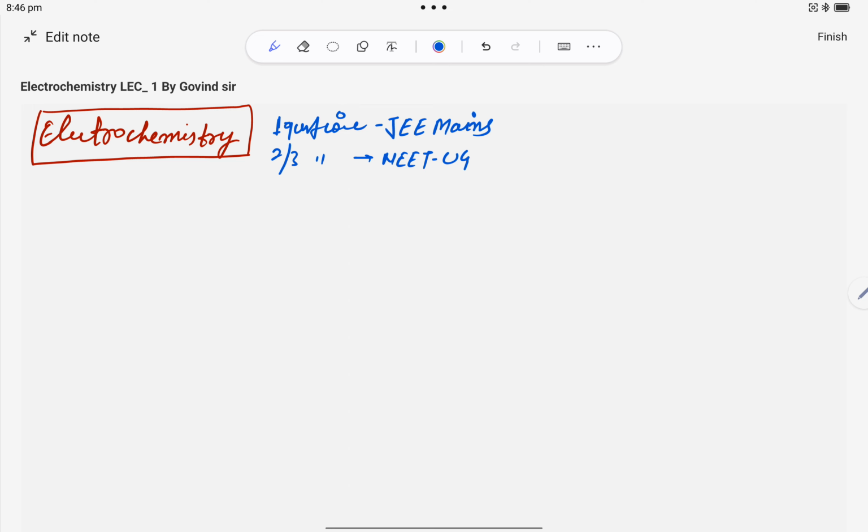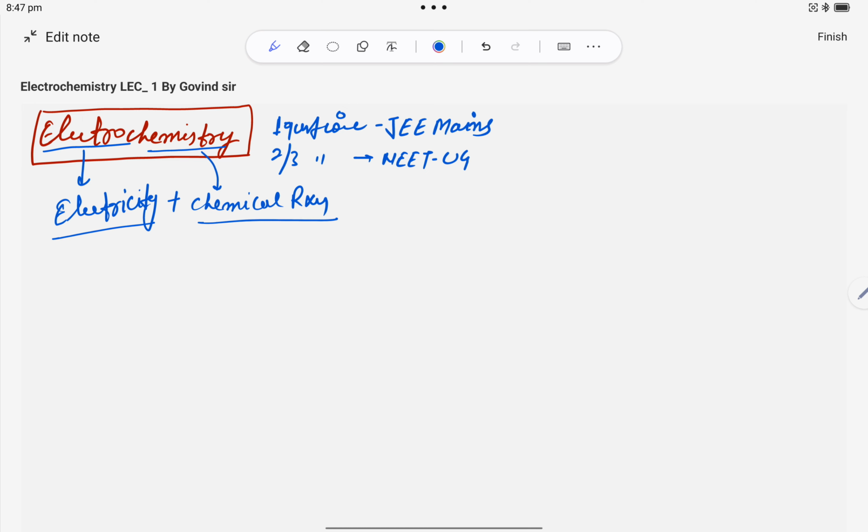Electro means something related to electricity, and chemistry means that if chemistry is involved in the electricity, then it's called electrochemistry, a chemical reaction. So we are going to discuss topics related to electricity and chemical reactions.